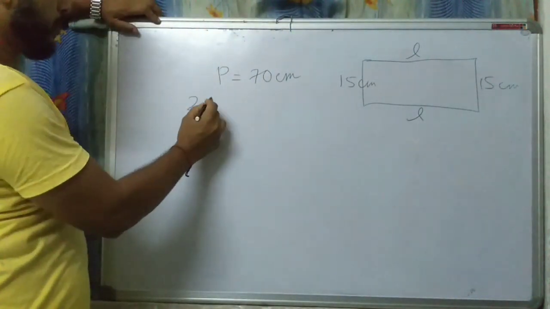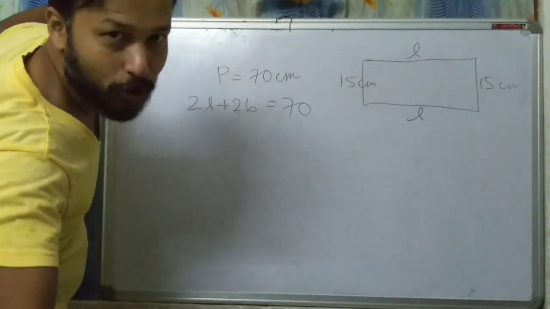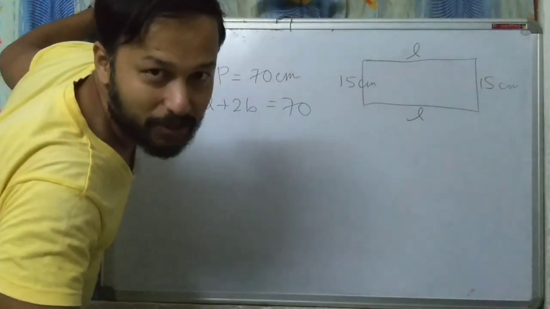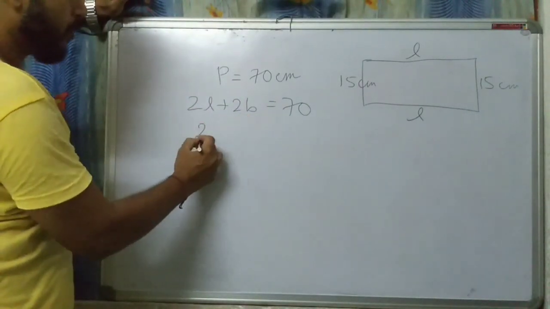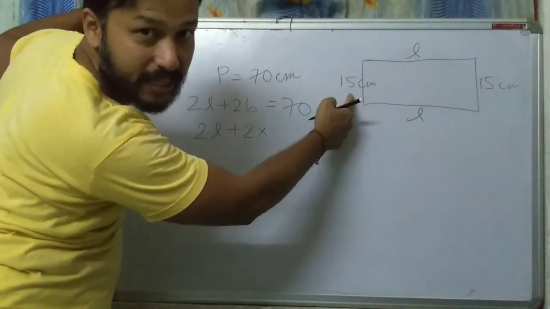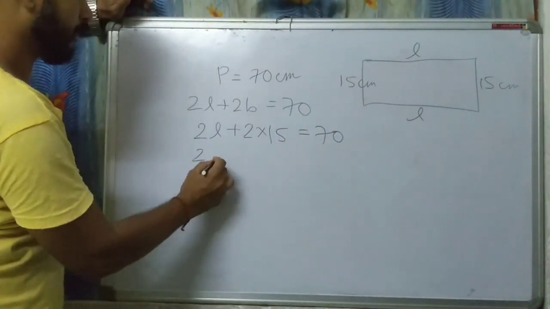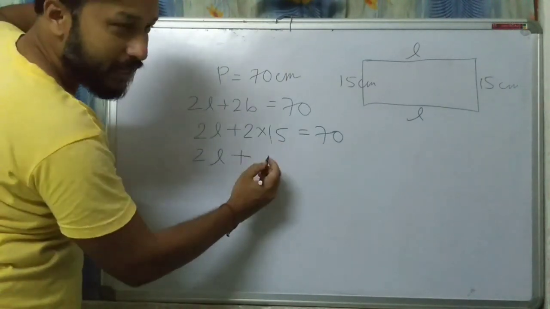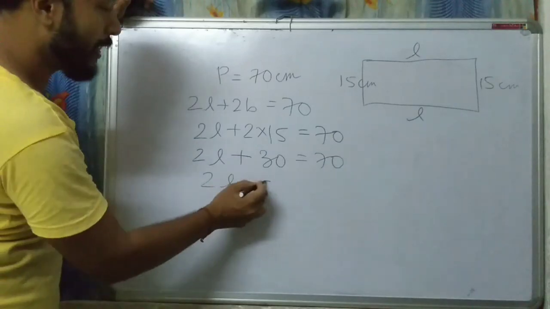So I am using the formula in place of perimeter. Perimeter means 2l plus 2b. Now 70 equals 2l plus 2b. b is given, 15 centimeter. 2 into 15, 30. 70 equals 2l plus 30.